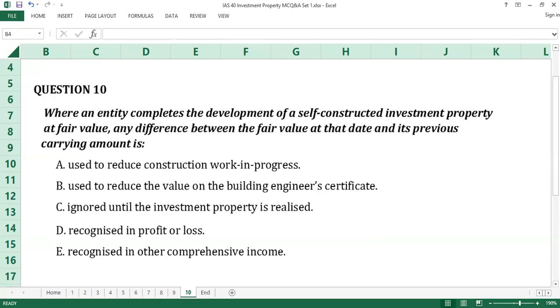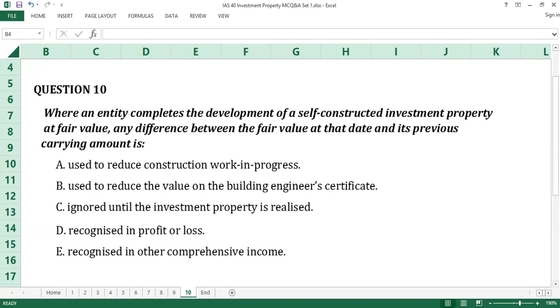Question number 10. Where an entity completes the development of a self-constructed investment property at fair value, any difference between the fair value at that date and its previous current amount is dash. A. Used to reduce construction work in progress. B. Used to reduce the value on the building engineer certificate. C. Ignored until the investment property is realized. D. Recognized in profit or loss.